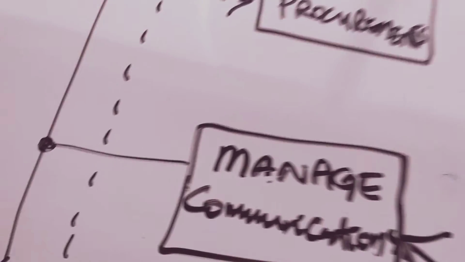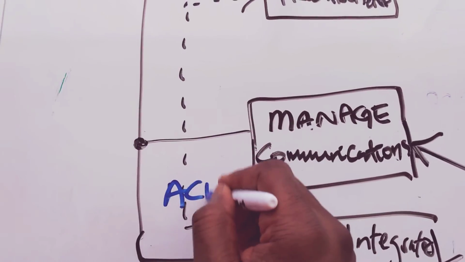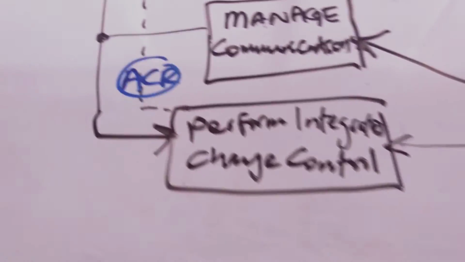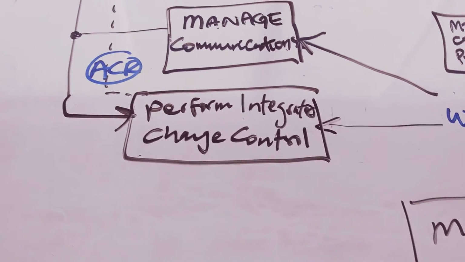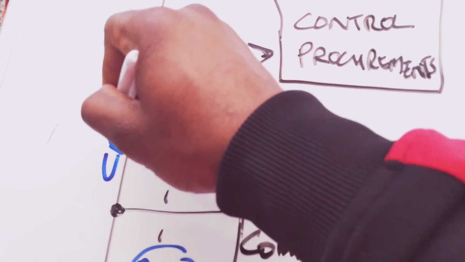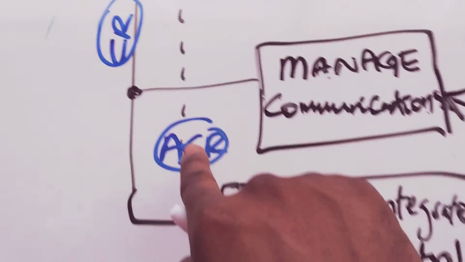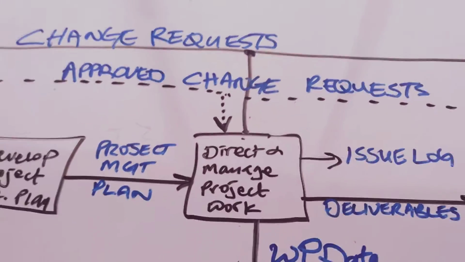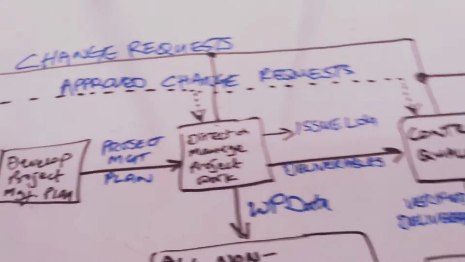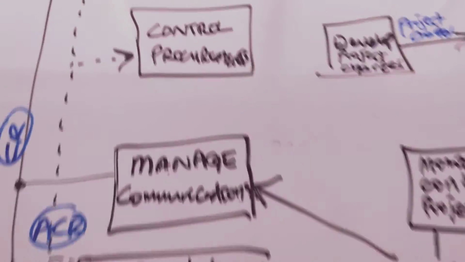Your approved change request, and I'll just write ACR over here. Your approved change request is coming from perform integrated change control if that change request that's going in is approved. So don't lose sight of the fact that this is really a change request coming in, and this is an approved change request coming out and going to two very important places: direct and manage project work and control quality. And of course, control procurement.